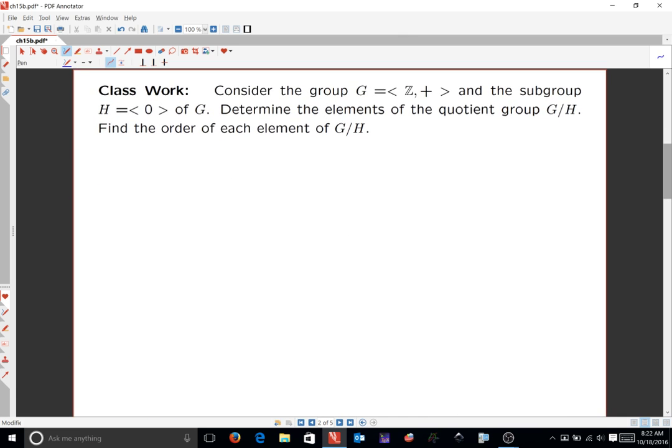I guess I am working on one of these with you guys. Consider this group G, which is Z under plus. I forgot I'd assigned this as classwork, so this is class extra credit work. Get into groups of 3 or 4.